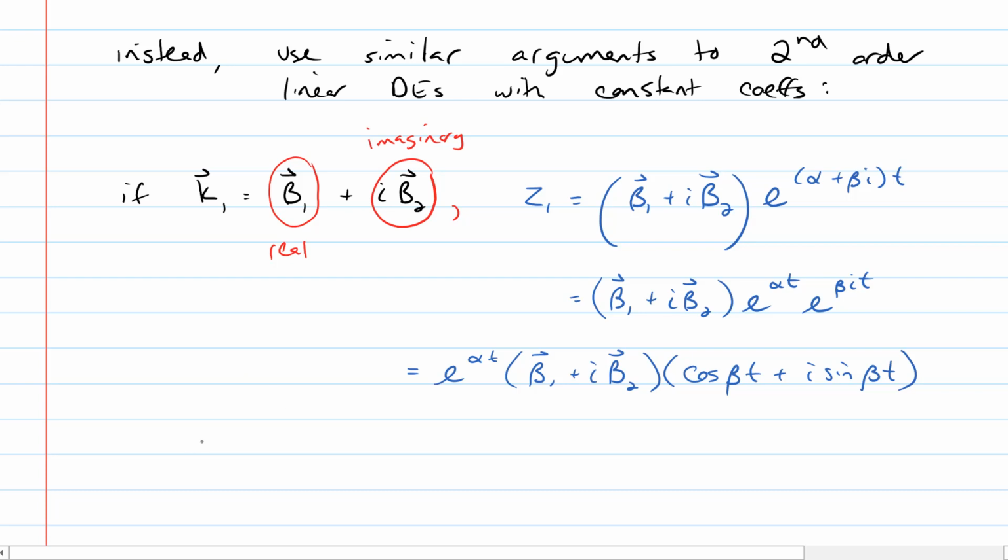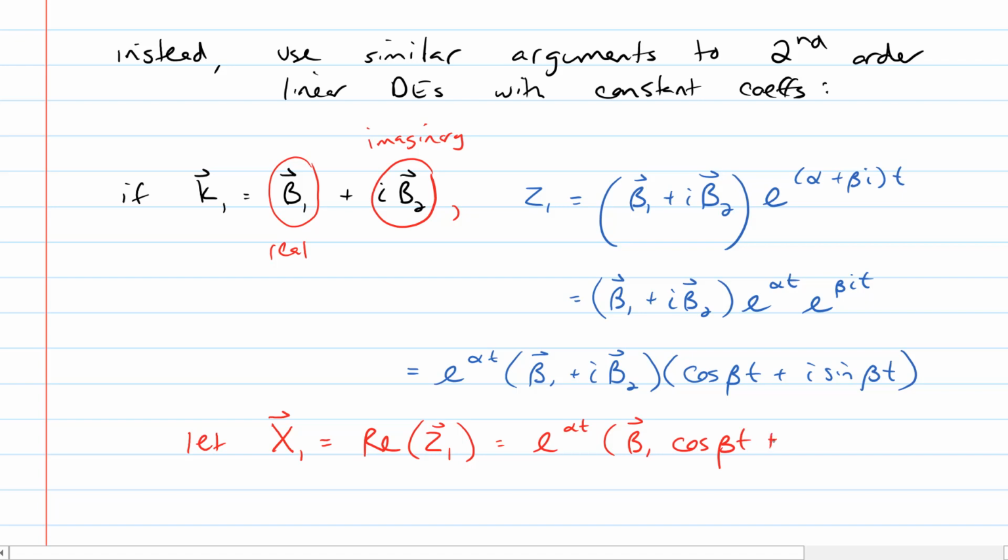And then we're going to let capital vector X1 be the real part of Z1, which is equal to e to the alpha t onto b1 cos beta t.